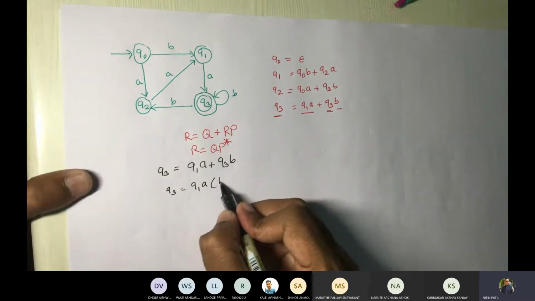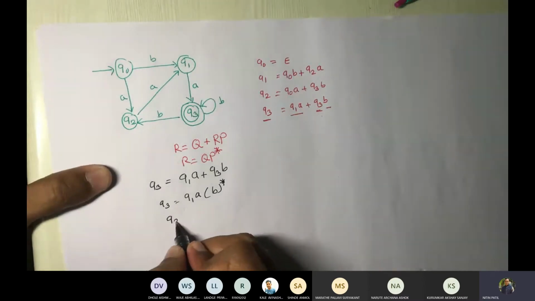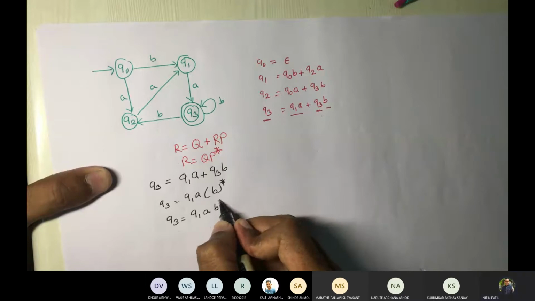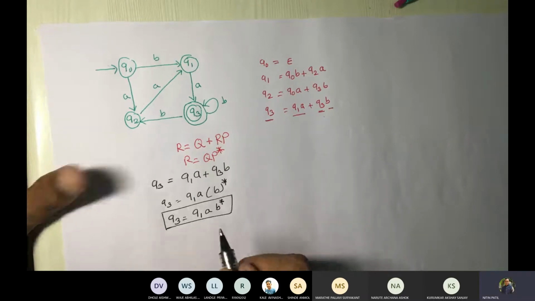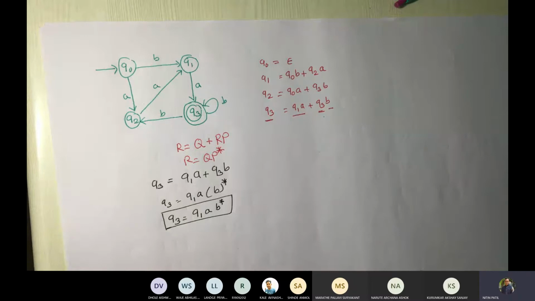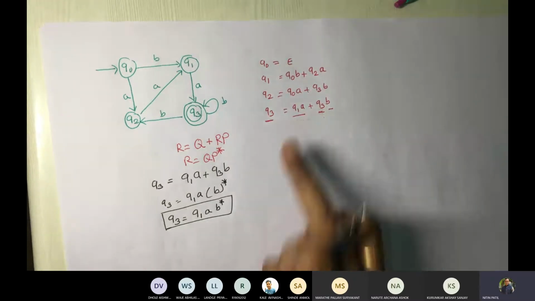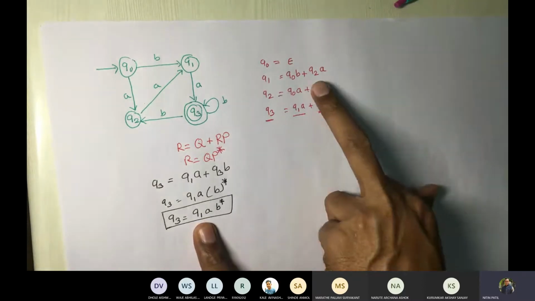In this case, B, so we'll write B star. So this Q3 equation now looks like Q1A B star. Correct. Now, as we see, Q3 is written with Q1, so we have Q1 still here. So we have to simplify Q1. Let me concentrate on Q1.